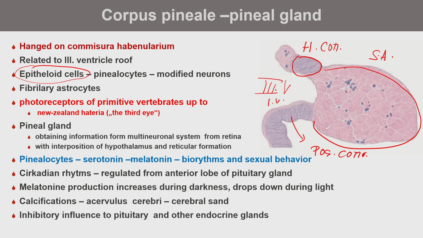But it obtains this information, and those pinealocytes use serotonin to create, then using degradation, melatonin, and finally they produce melatonin, and the levels of melatonin in the blood could maintain the biorhythms and also sexual behavior.